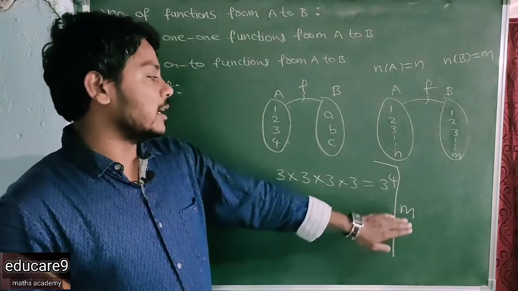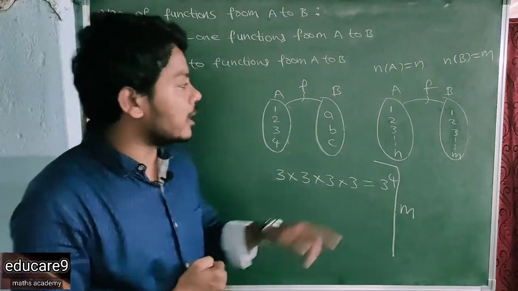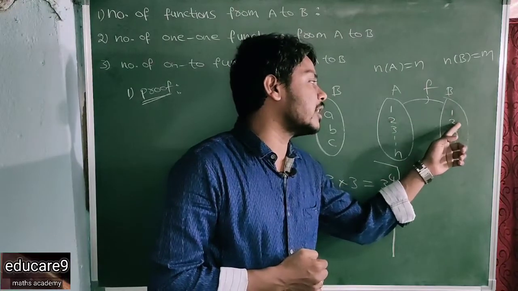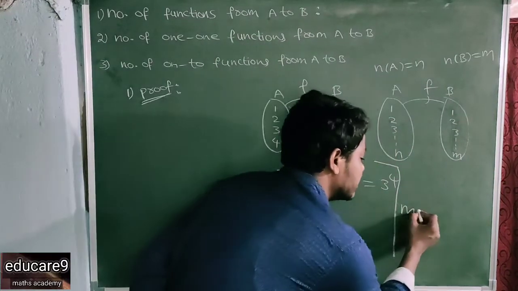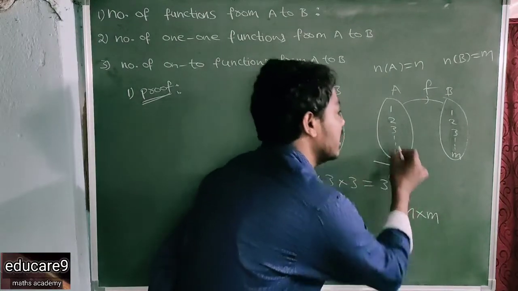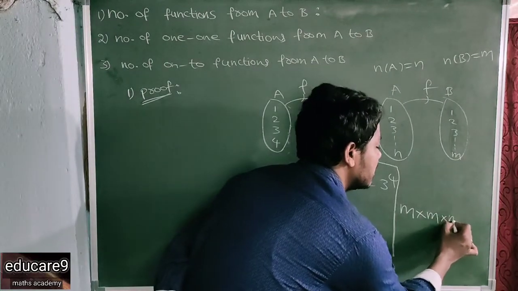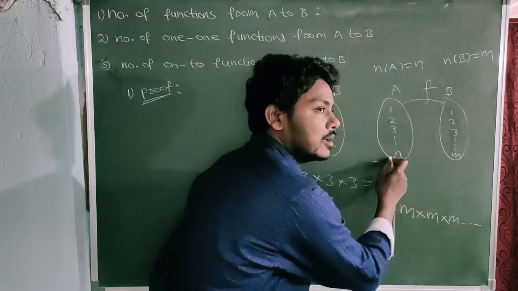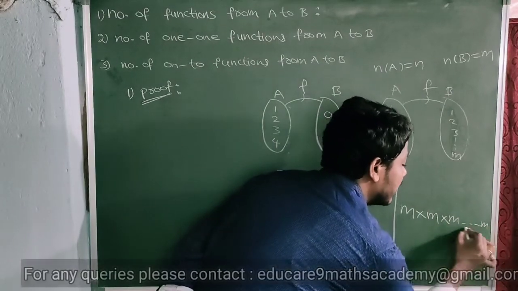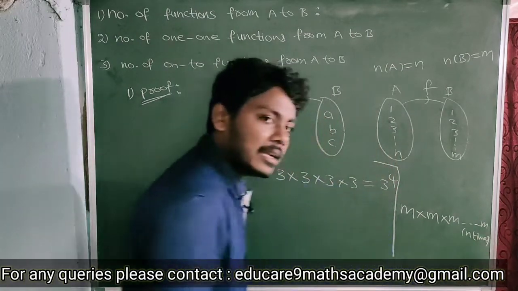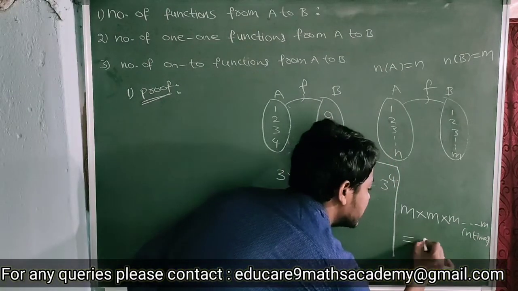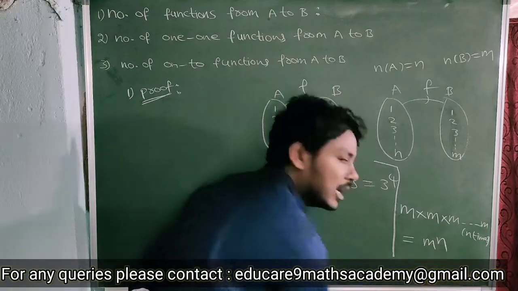So total m chances. And 2 is also mapped to either 1 or 2 or m. So clearly 2 also has m chances. And 3 also has m chances, and so on, m, n times. Then clearly this can be written as m to the power of n.